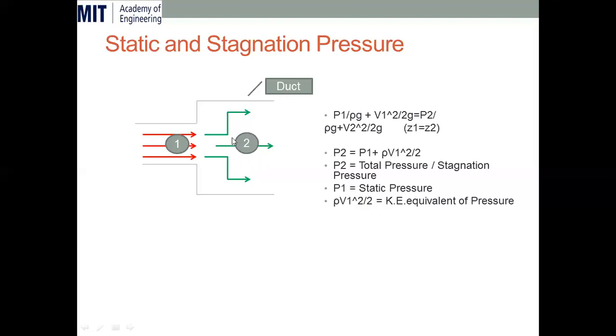So this V2 decreases, or we can say it is negligible compared to V1, or V2 is nearly equal to 0. Okay. So the property of the fluid at point 2, when the velocity of the fluid approaches 0, is called a stagnation property.